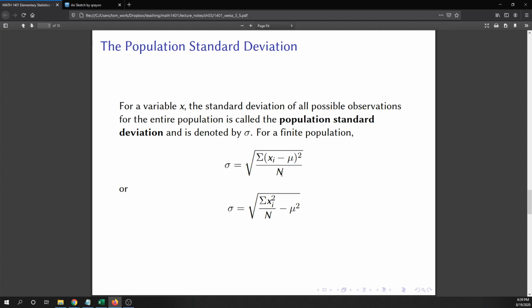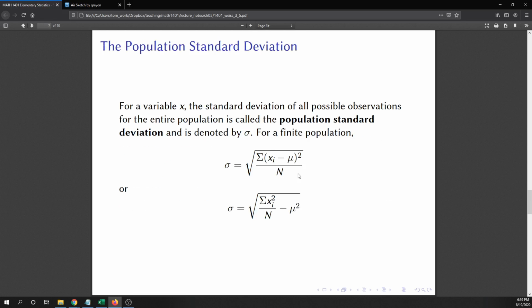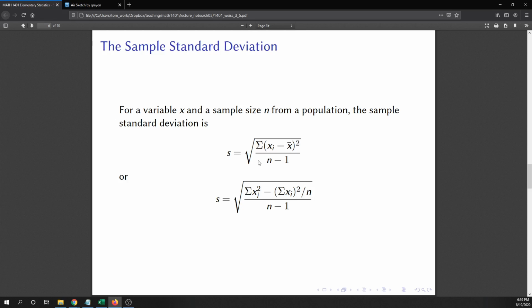So that is a frequently asked question: why do you use the actual size of the population in the population standard deviation, but in the sample standard deviation, you use the sample size minus 1.